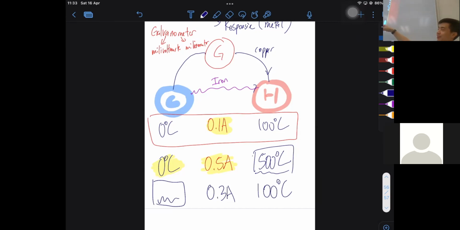Try to refer to the first two and then look back at the last one. The tip here, guys, is that the galvanometer reading gives a difference in temperature from the known temperature. I repeat, when you're doing the calculation, the galvanometer gives a reading for a difference in temperature. 2 degrees Celsius is not correct. Refer to the first two samples here, then try to think about it very logically for your third answer.